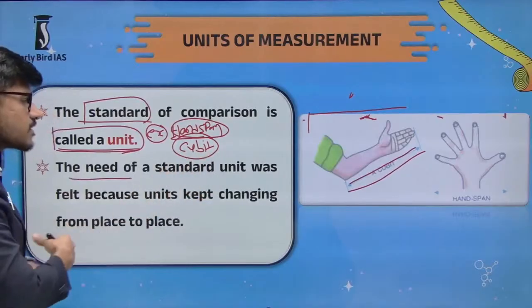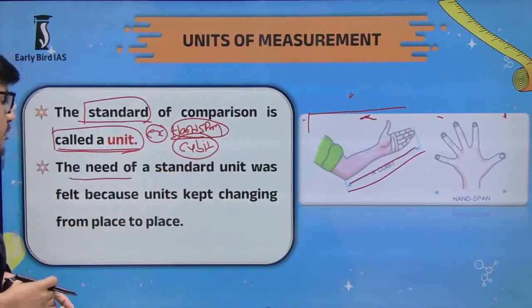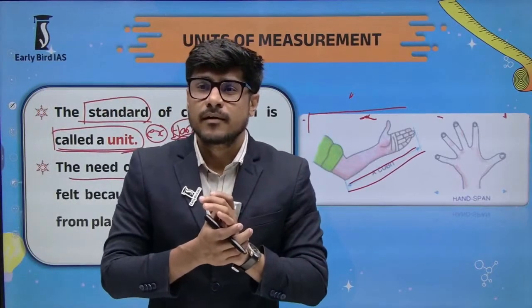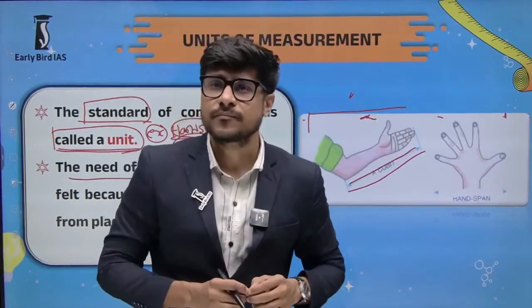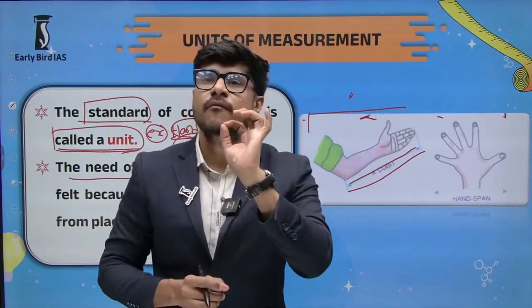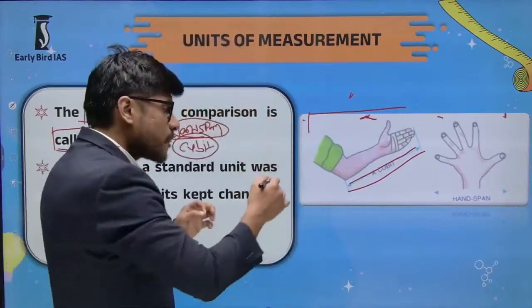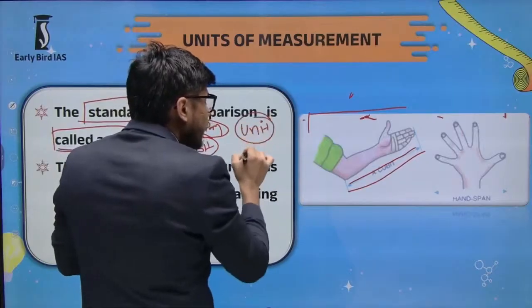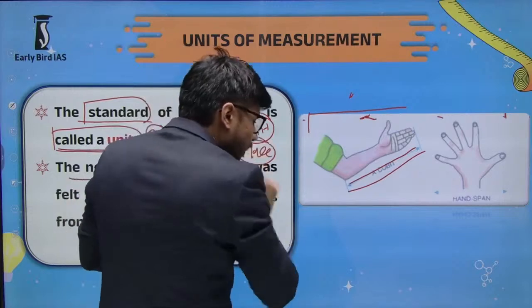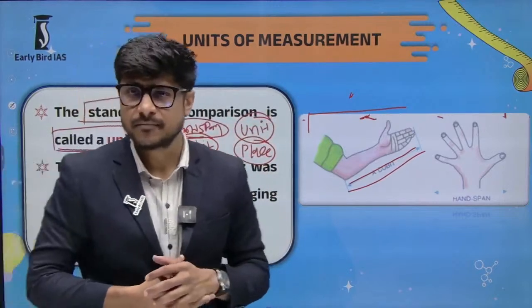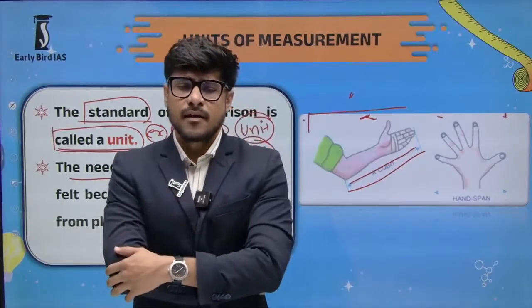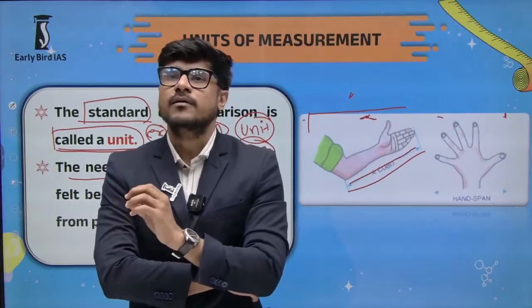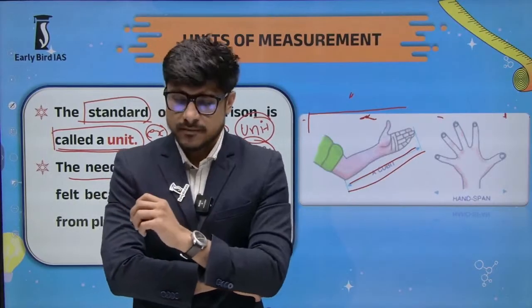The need for a standard unit was felt because units kept changing from place to place. Now this is the important concept. Give your full attention here. Why do we need standard units? Units can change from place to place. For example, in the medieval time period, in some places we used the furlong as a unit of distance.